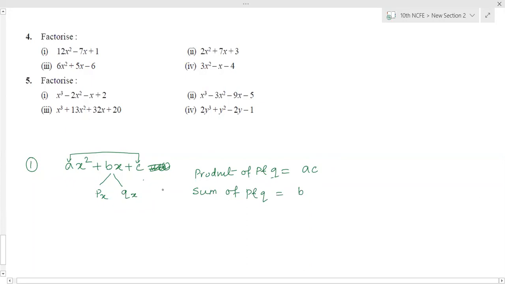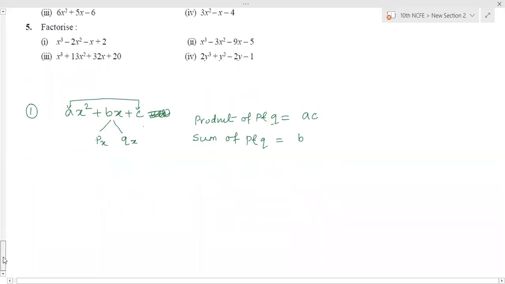Okay. Now if we calculate p and q, which sign has to be given to p and q? That is more important. Suppose the required product is positive, so you multiplied a and c and got a positive value. Then p and q both have the same sign. Both should have the same sign.